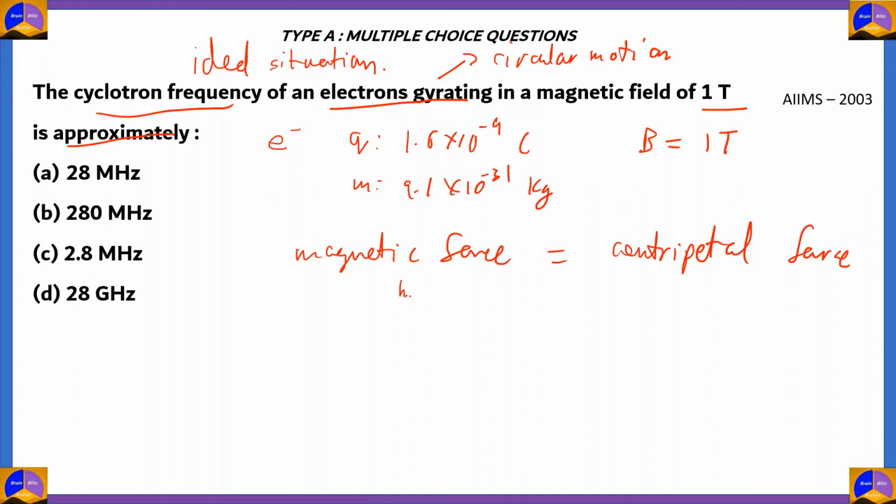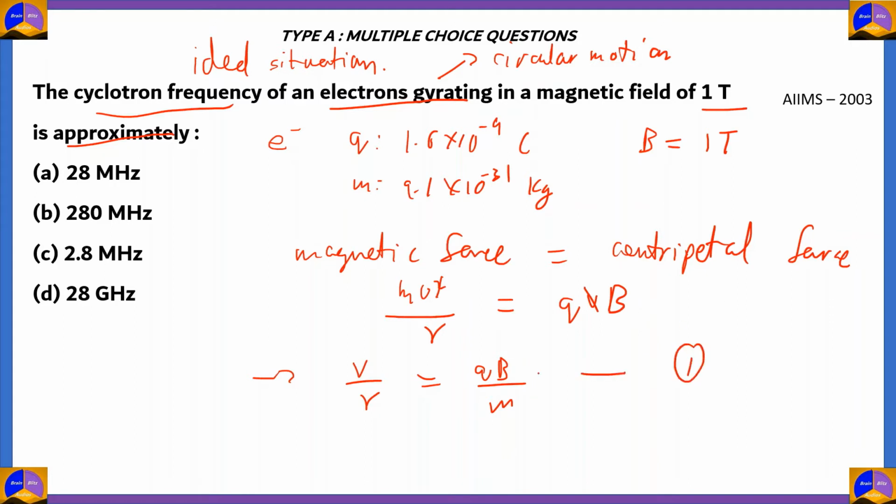So therefore, mv squared by r will be equal to qvb. One of the v's gets cancelled, so mv by r will be equal to qB. Let's take m to the right hand side, so we have v by r is equal to qB divided by m. Let's keep this aside as equation 1, and let's look at the circular motion in itself.